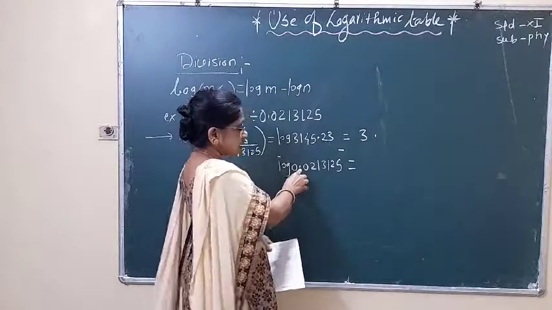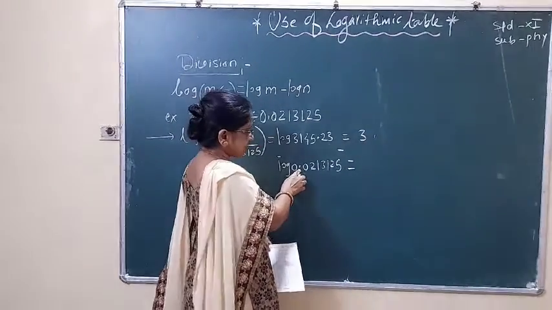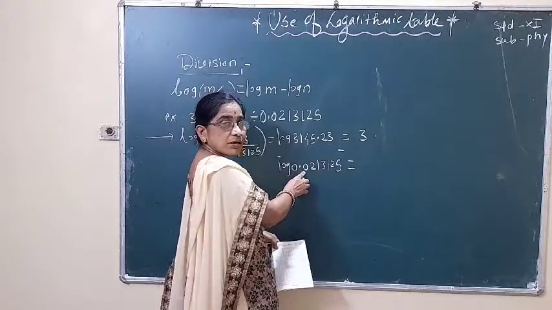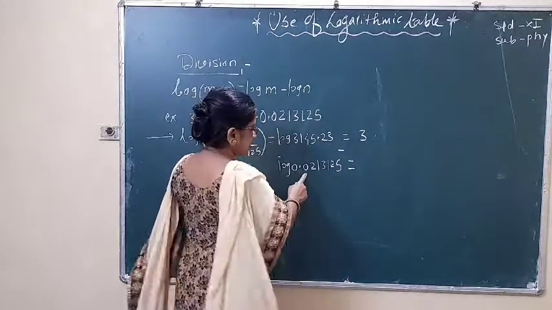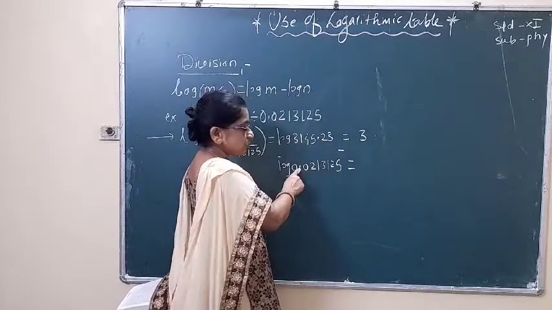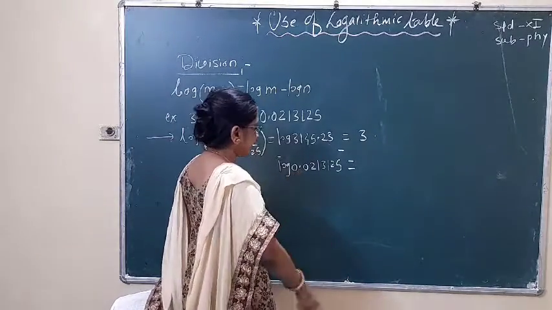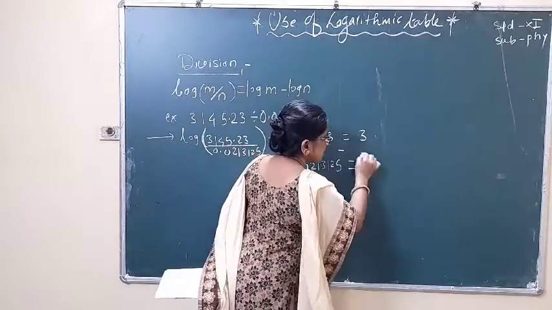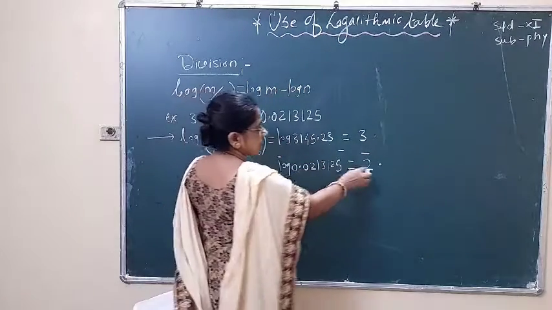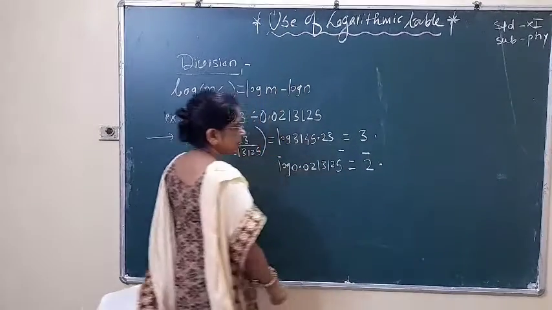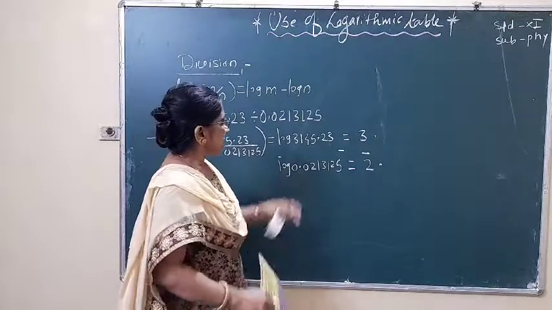If the given number is less than 1, count the successive zeros adjacent to the decimal point; here it is only 1. Add 1 to it and give a bar to its head. Here the characteristic will be 2 bar, a negative characteristic.